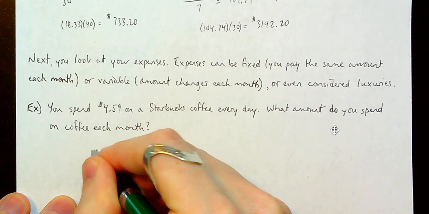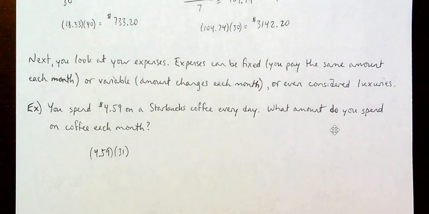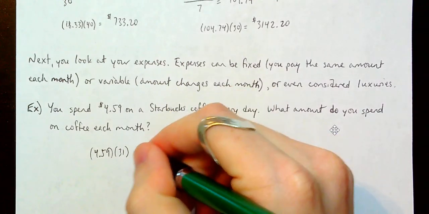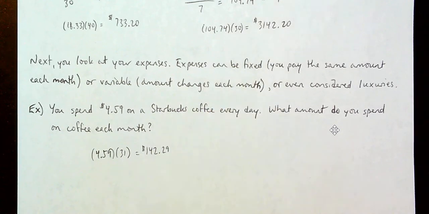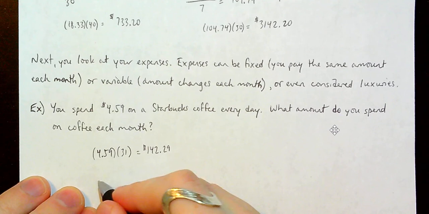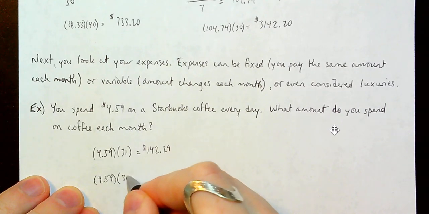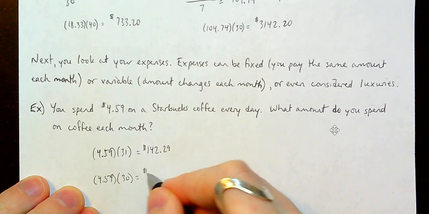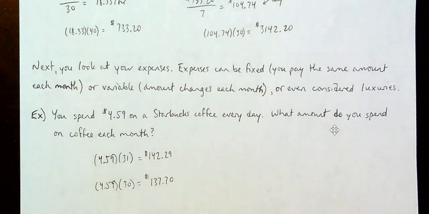So $4.59 times 31 days. If you do that calculation, 4.59 times 31, you get $142.29. Just for the record, if you did it with 30, you would get $137.70.